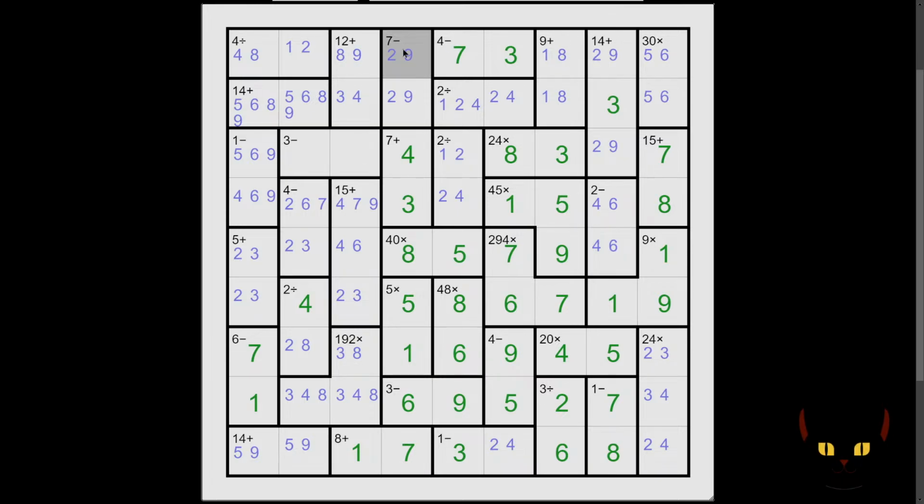Here we have a 2, 9, and a 2, 9. So we can get rid of 1, 8. 1 and 8, which suggests I made a mistake somewhere. Well, that's no good.